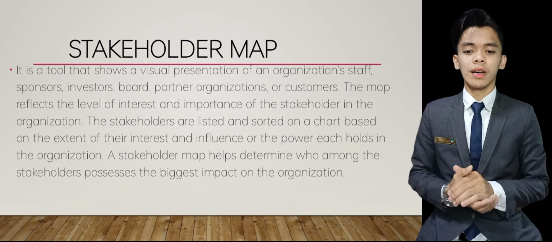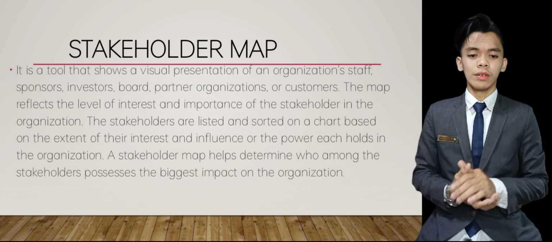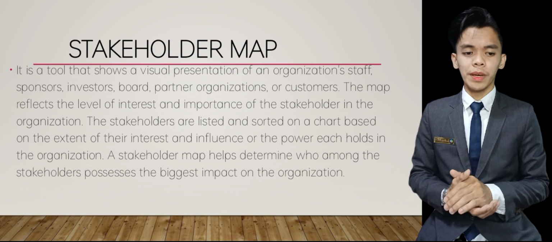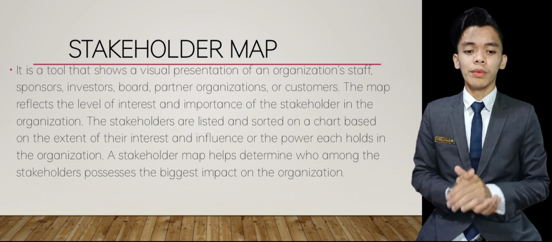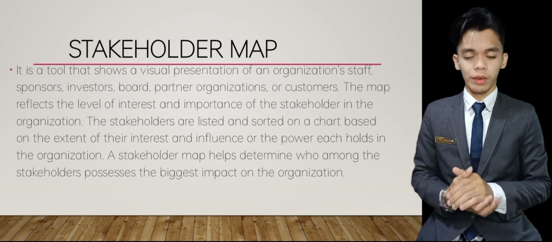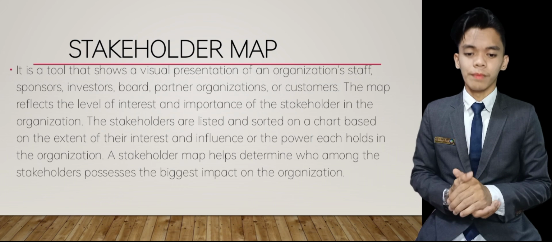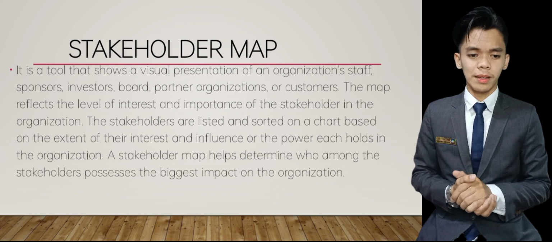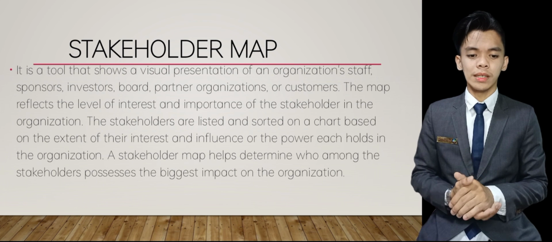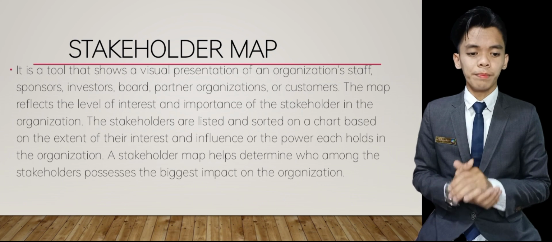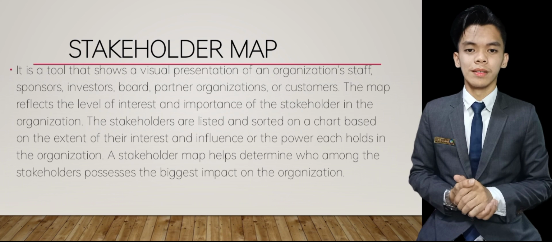The stakeholders are sorted on the chart based on the extent of their interest and influence or the power each holds in the organization. A stakeholder map helps determine who among the stakeholders possess the biggest impact on the organization.